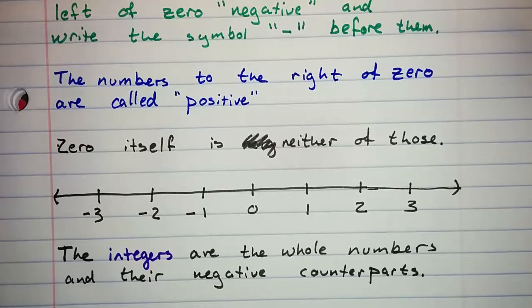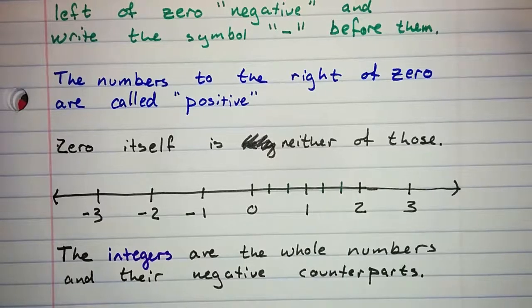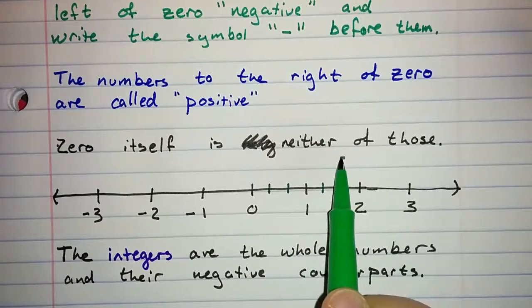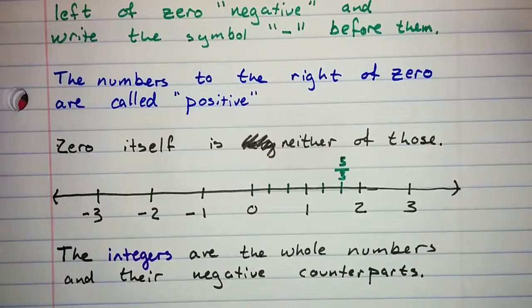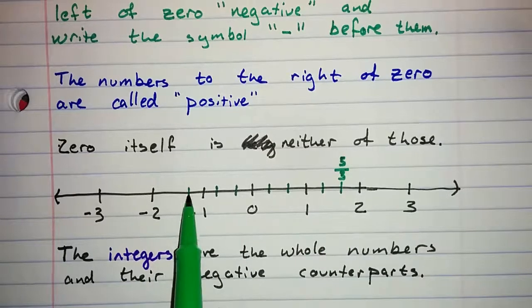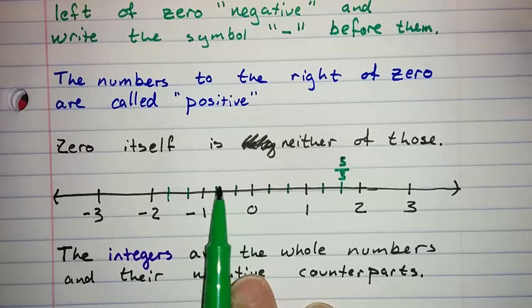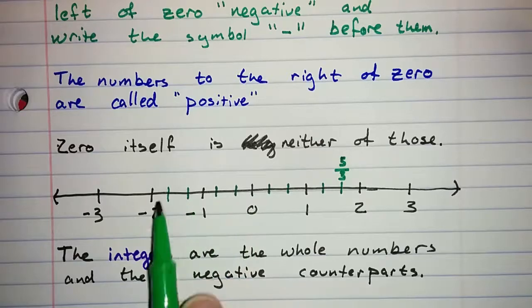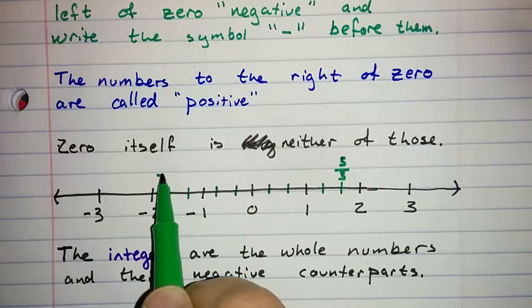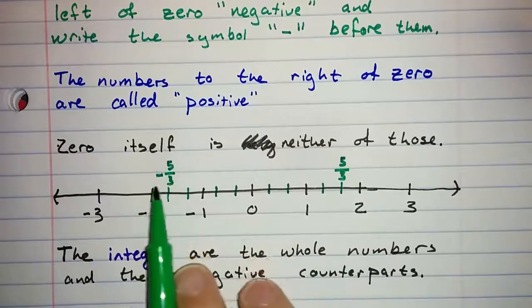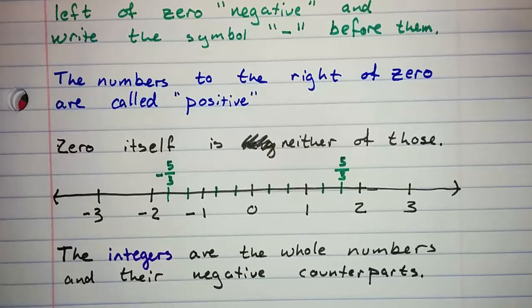But just as we can divide positive units into 3 equal parts and get thirds, and so have, for example, the number 5/3 out here between 1 and 2, we can divide the negative units into 3 equal parts, and counting out 1, 2, 3, 4, 5 thirds to the left of 0, we can get negative 5/3 over here.